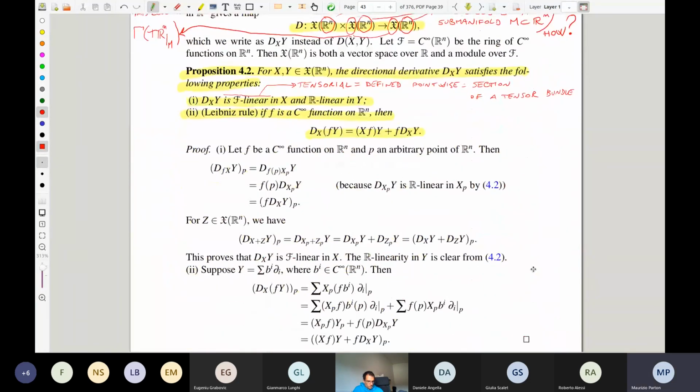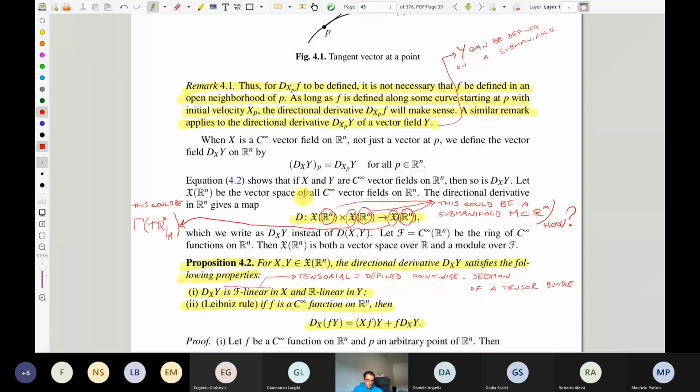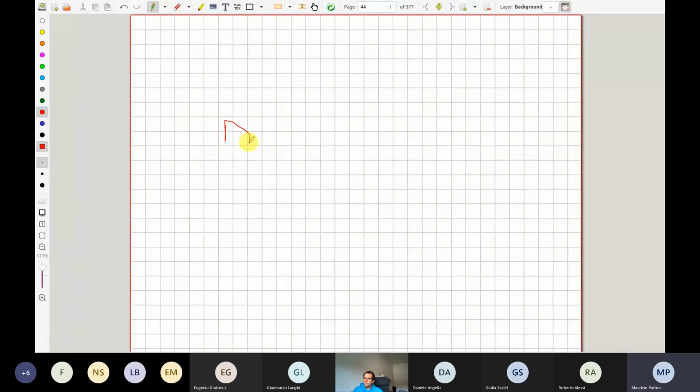check. This derivative is a map. Let me open a new one. I say that this derivative is taking a vector, taking another vector, and giving you a third vector.